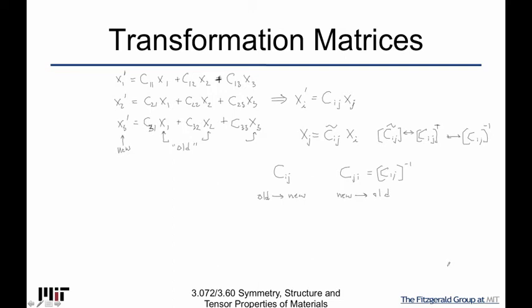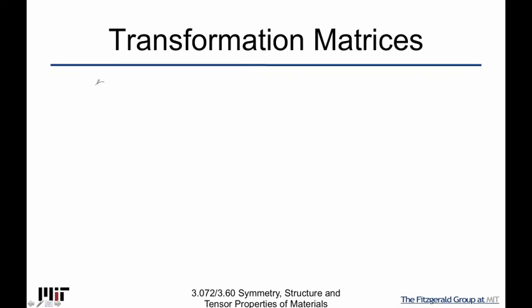Okay, so that's probably one of the most important properties of Cij: to transform back, you just flip the indices, and that's the transformation matrix that sends you back. But let's talk about other properties. Another property of Cij is that if I calculate the determinant of Cij, it's 1.